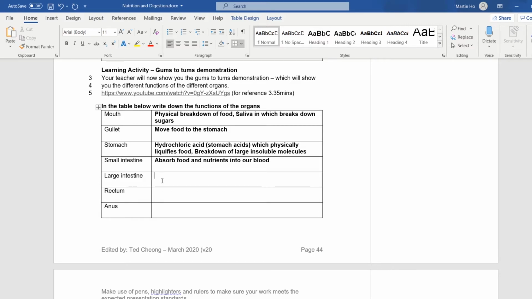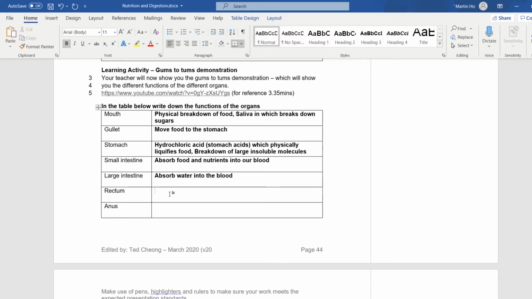After it is absorbed into our blood, it moves to the large intestine, where water is absorbed back into the blood. From there, we get to the point in which our food starts looking like fecal matter.